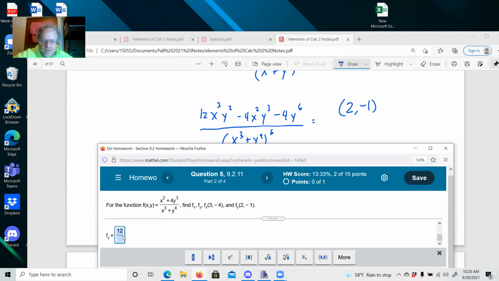Okay, we have a 12x cubed y squared, right, minus 4x squared y, oops, oh boy, there we go, x squared y cubed minus 4y to the 6th power.